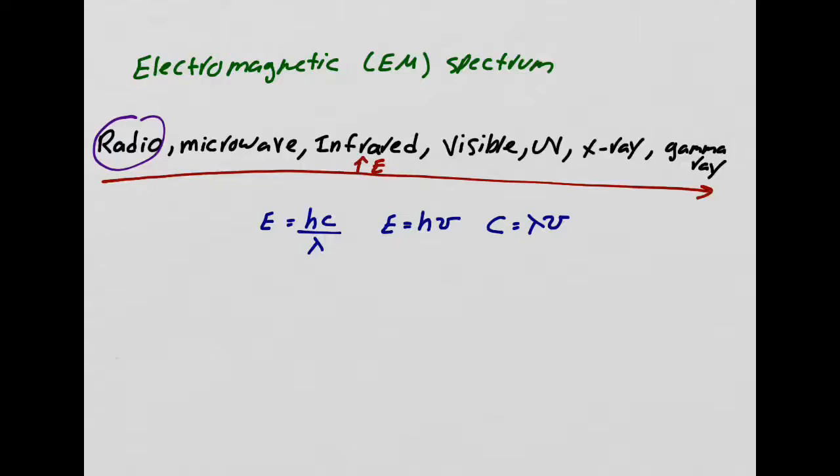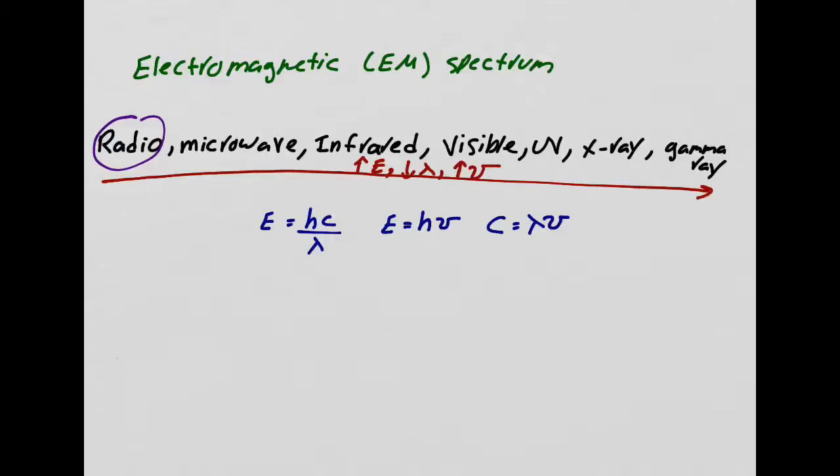Now, the other thing I want to talk about, to make sure you remember your Chem 1A: we said as you go left to right, the energy increases, right? Now, what happens if the energy increases? Look at these equations for light. If the energy goes up, what happens to the wavelength? The wavelength goes down. They're inversely proportional. If the energy goes up, what happens to the frequency? The frequency will go up.